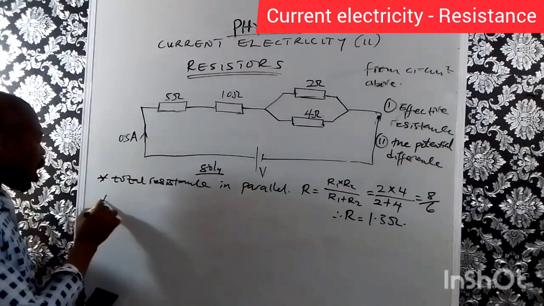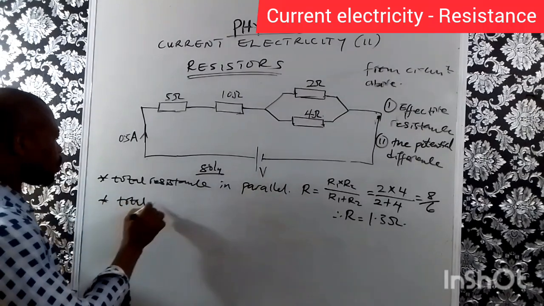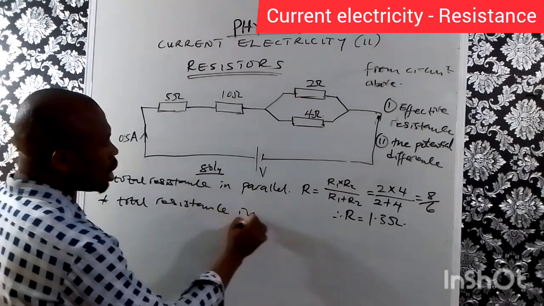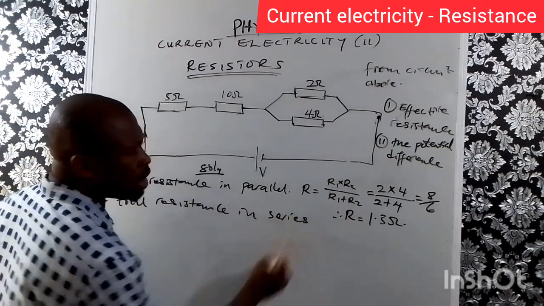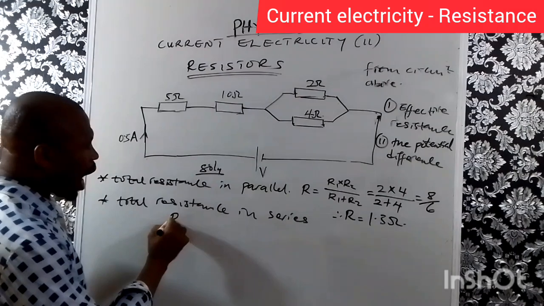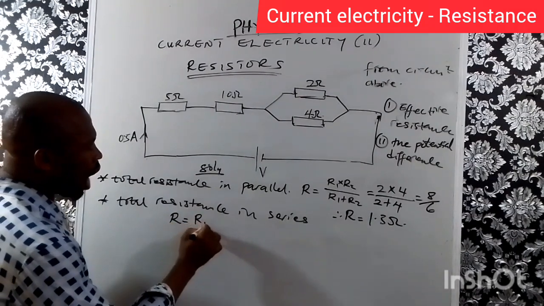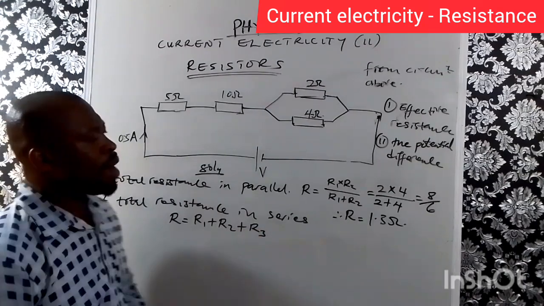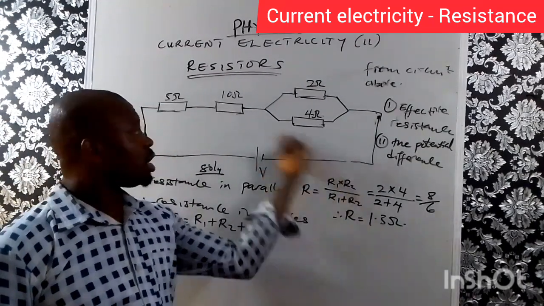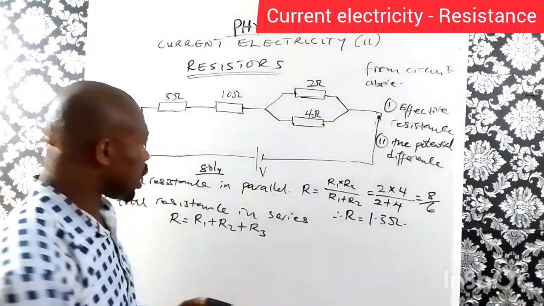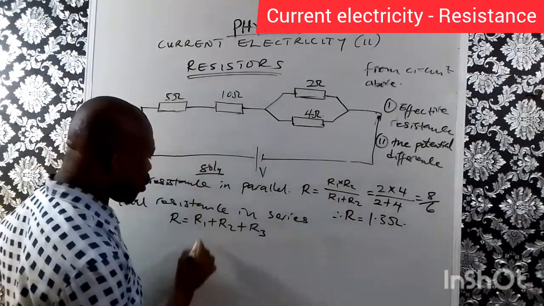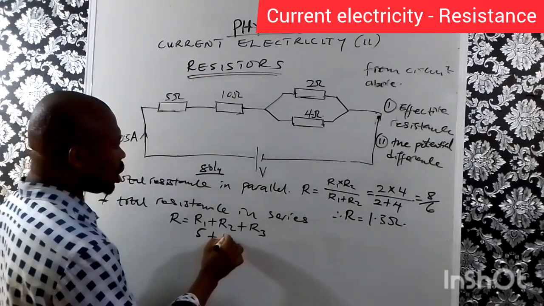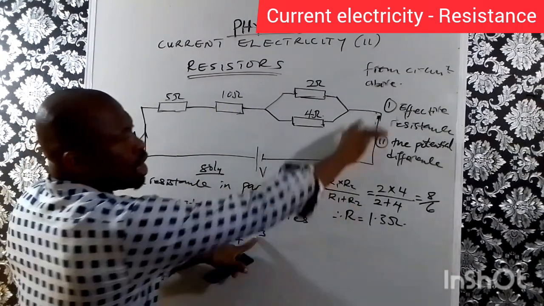Now, the second one, we say total resistance in series. The one that is in series will give us R equals R1 plus R2 plus R3. Remember, this one will now be in series with this. So all we need to do is we'll say R1 is 5 plus R2, which is 10, plus R3, which is the whole of this.